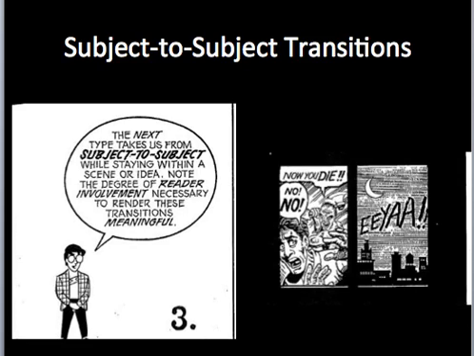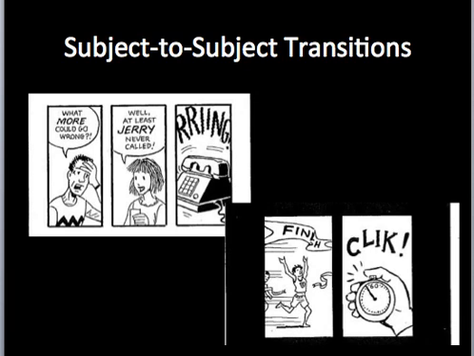He goes back to the version where he shows the involvement the reader has in killing the guy in the first frame, because we only see the antagonist in the background holding the axe, saying, now you're gonna die, and then the guy saying no, no. In the next panel, all we see is a setting shot with the sound "iya." So we're making that inference, the reader. Again, subject-to-subject transition.